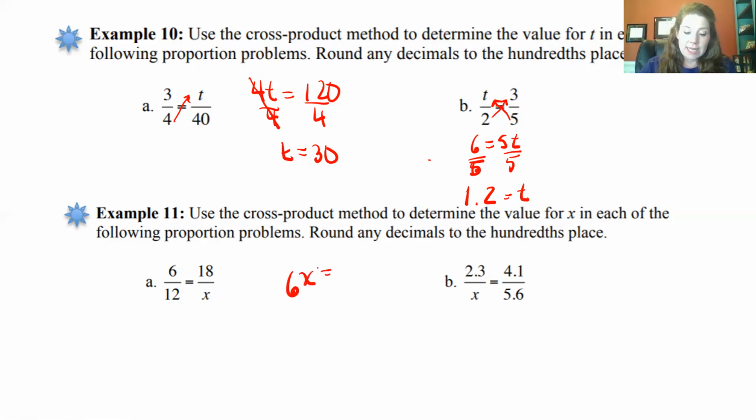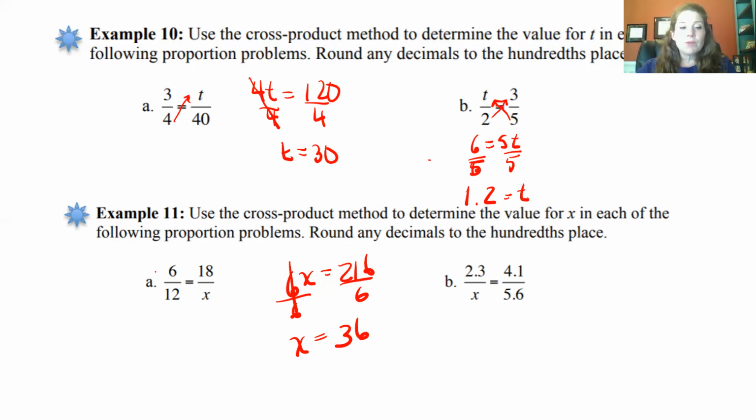And 12 times 18 is 216. So then we're going to divide both sides by 6. 216 divided by 6 is 36.